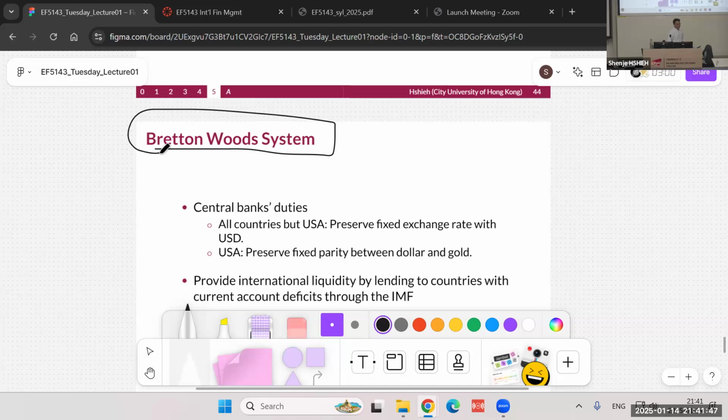So in order to facilitate recovery of all those other countries, the UK, all those European countries, Canada, all those other countries that were involved in World War II, they would peg their currency to dollars, okay? And the US would peg their currency to some quantity of gold. So it's a two-layered system under the Bretton Woods system. You have all other countries pegging their currency to US dollars, and the US dollar would be the sole currency pegged to gold. So that was the arrangement post-World War II.